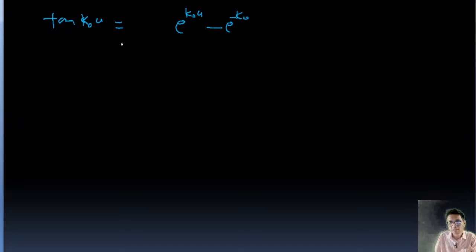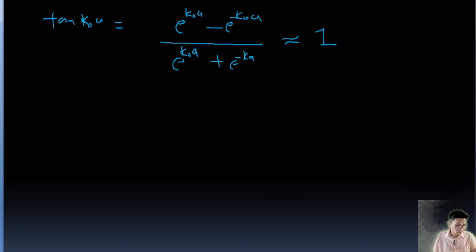We know tan x equals e to the power x minus e to the power minus x upon e to the power x plus e to the power minus x. Same thing, with k naught a instead of x. This value is almost equal to 1 when k naught tends to infinity.